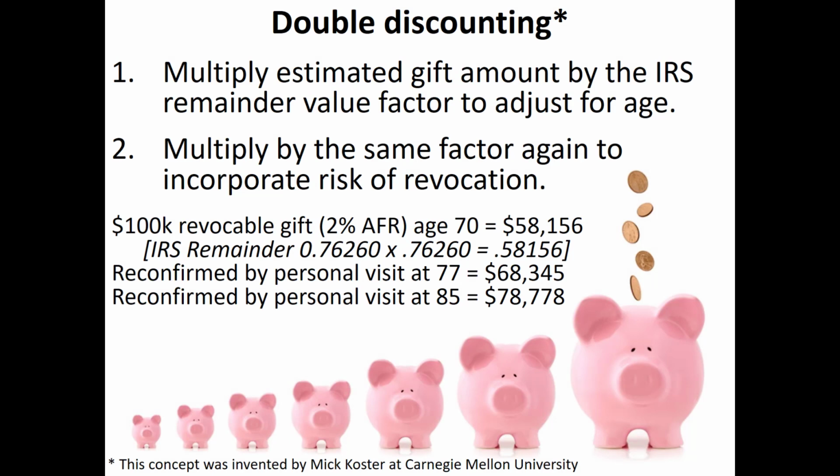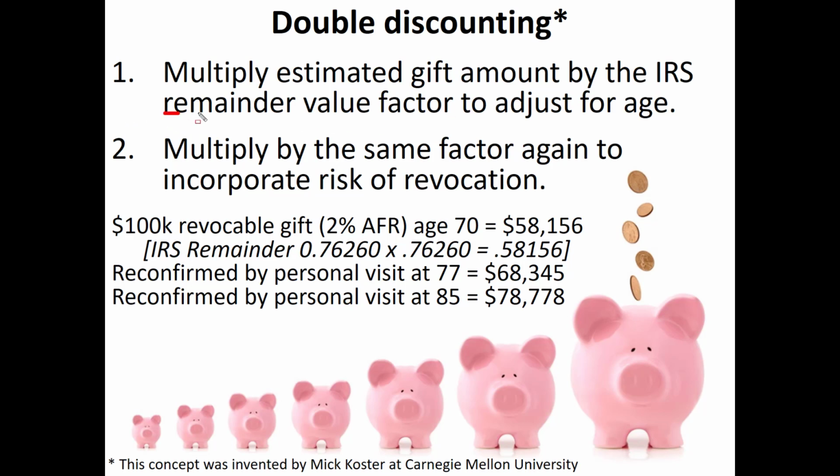The double discounting approach, a concept I want to give credit for, was first suggested to me by Mick Koster at Carnegie Mellon. It is the idea of starting with the valuation of a gift as an irrevocable future gift, and then using that same discounting factor again to incorporate the risk of revocation.